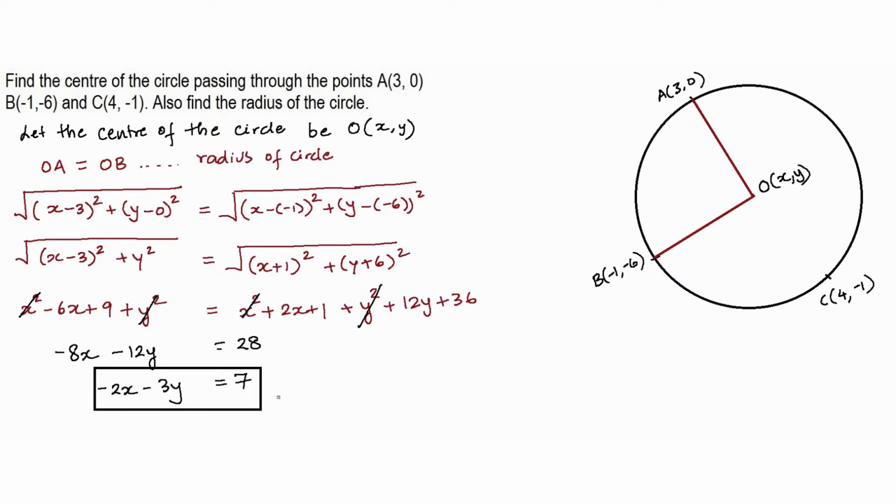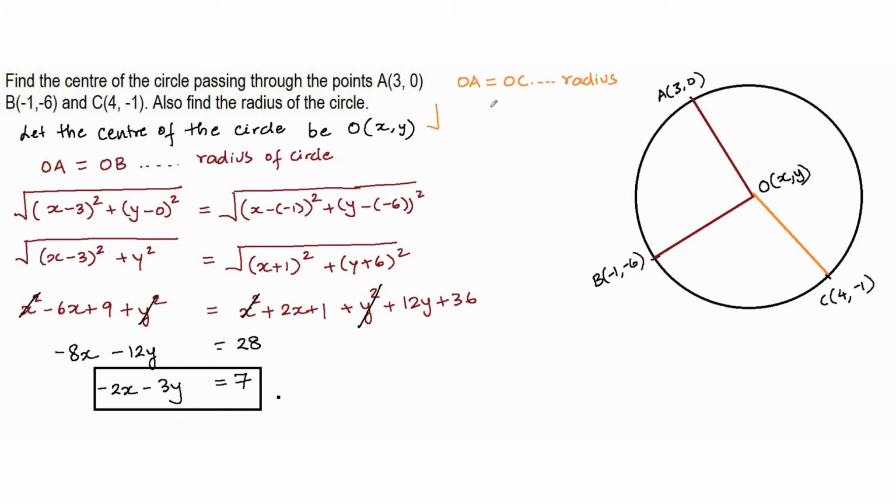I similarly need to derive the second equation also. For that, I can choose OB equal to OC or OA equals OC. So let me choose OA equal to OC and let's see what we get. So OA is equal to OC again because this is the radius of the circle.